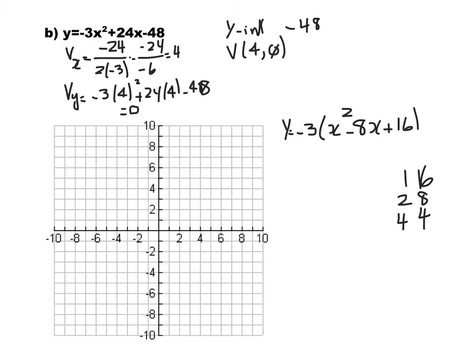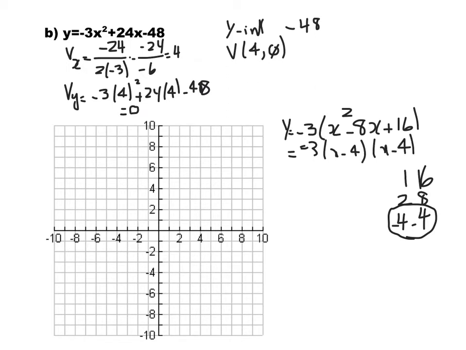The only one which is possible is 4 and 4, if both of them are negative. Negative 4 times negative 4 gives me 16, and negative 4 plus negative 4 gives me negative 8. So I can write this as negative 3 times x minus 4 times x minus 4.